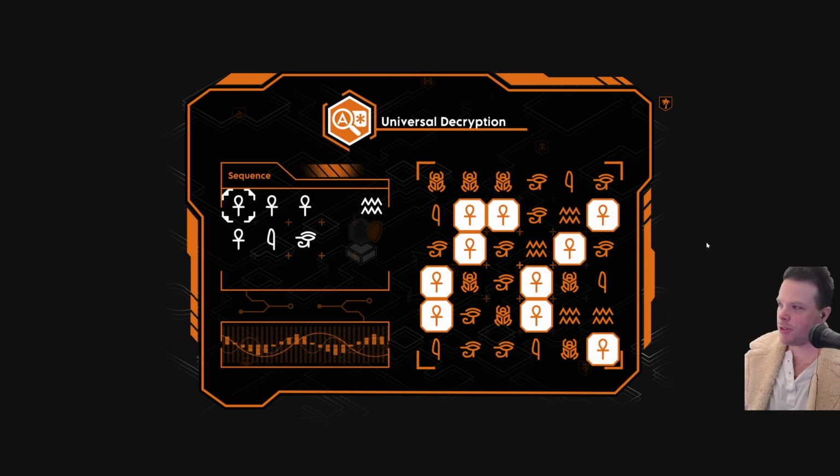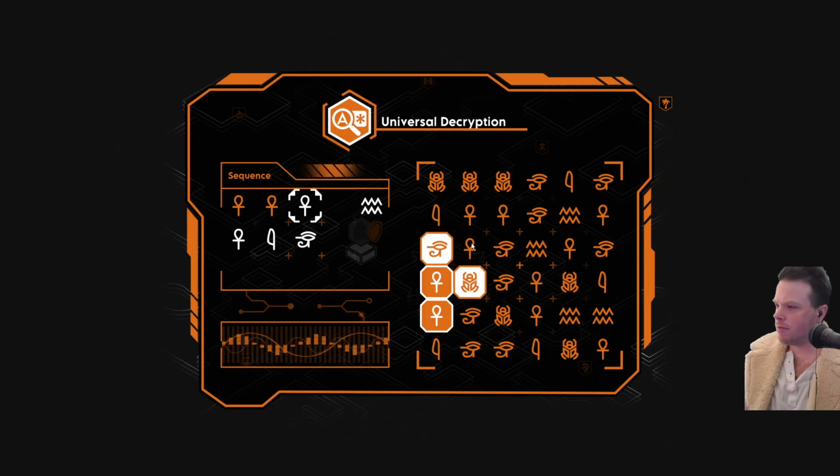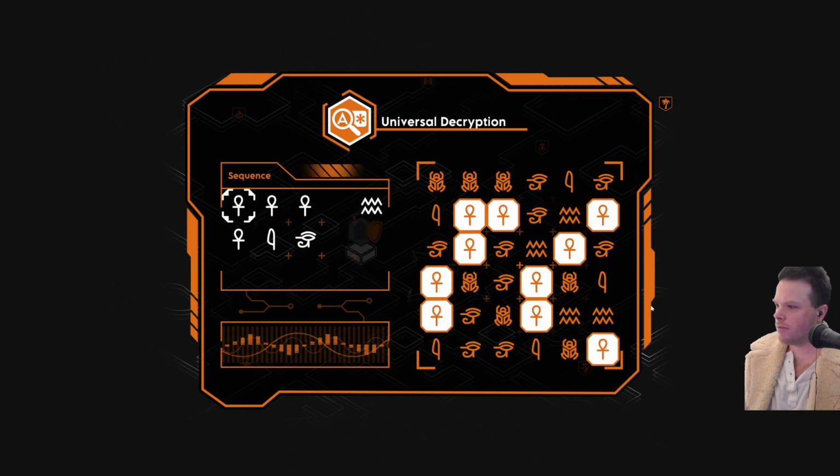So I need 1, 2, 3, 4 Anks next to each other. There are no 4 Anks next to each other. Maybe you can go diagonally. You can't go diagonally. But there aren't 4 Anks next to each other.